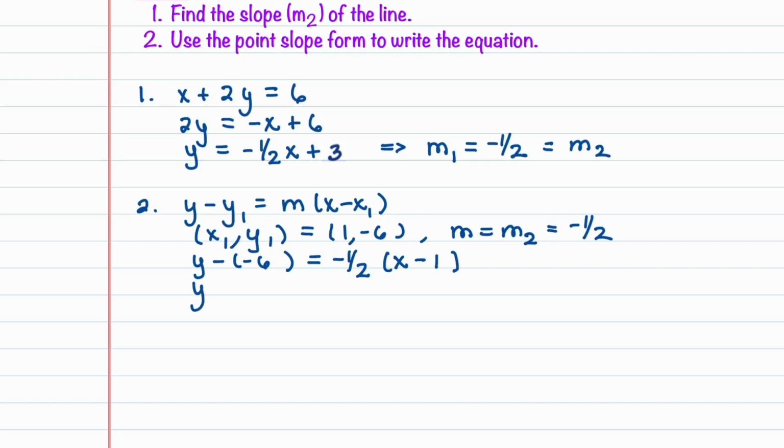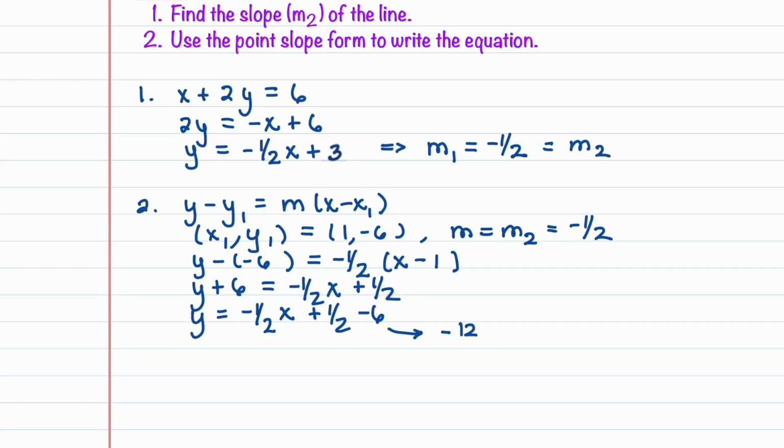This gives us y + 6, and let's multiply everything out on the right, is -1/2 x + 1/2. Let's now take the 6 to the right, so we have y = -1/2 x + 1/2 - 6. We can think of our -6 as -12 divided by 2.